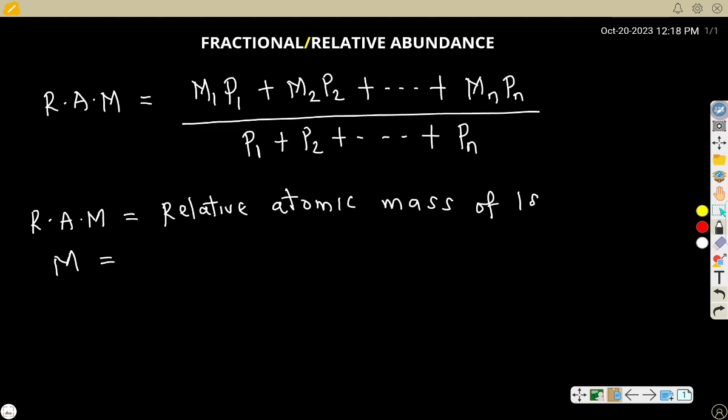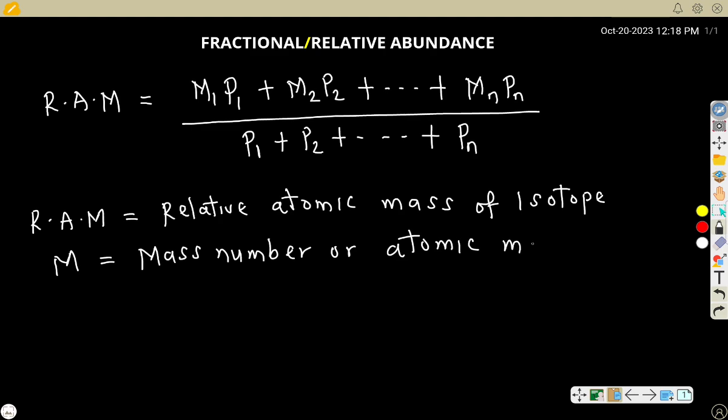M is the mass number or atomic mass. P is the percentage, or the abundance, so the percentage of the availability.